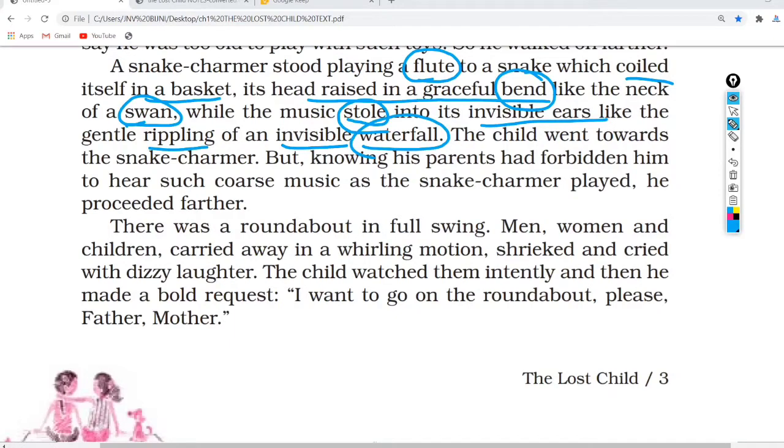Let us see after this. After that, one particular snake charmer: a person whose profession is to play with the snake, catch the snake, and make their livelihood.